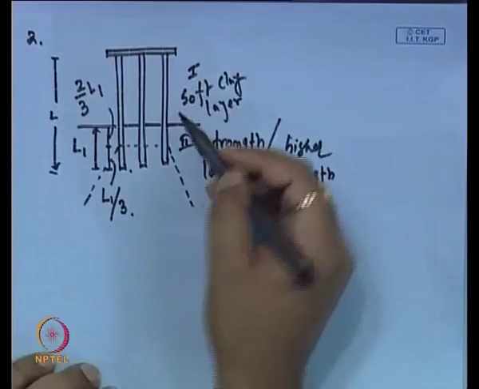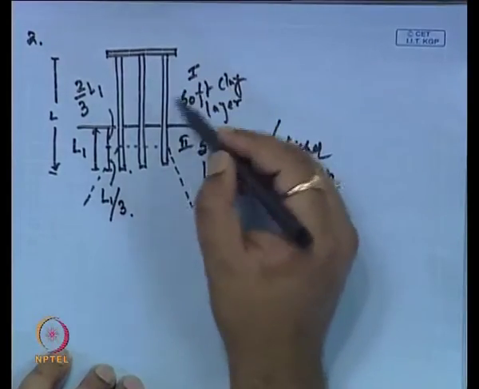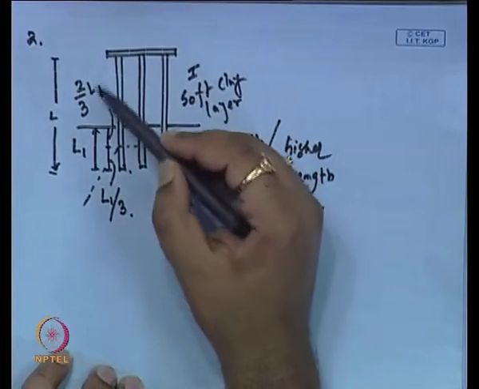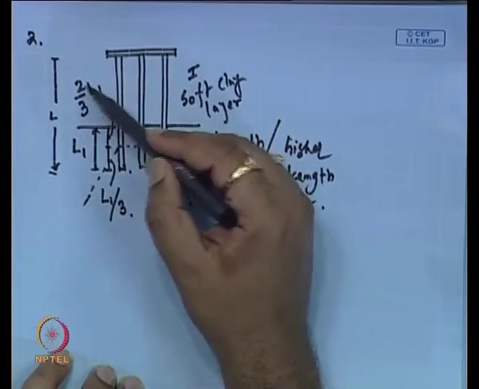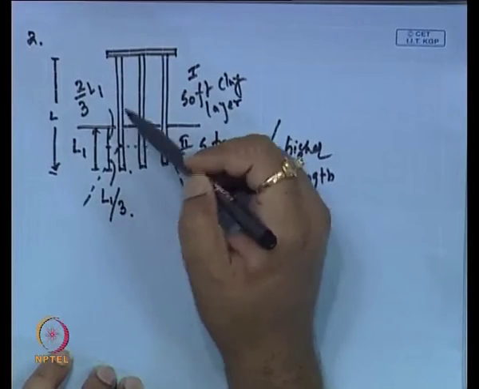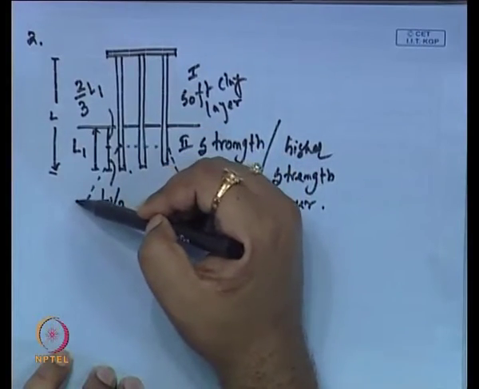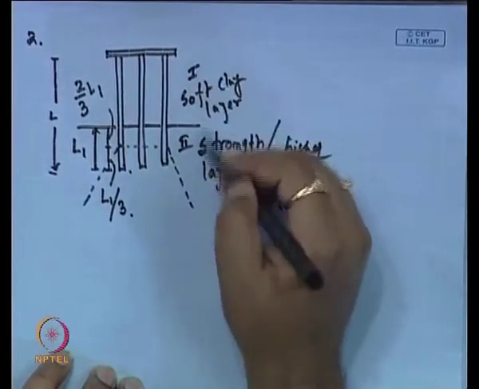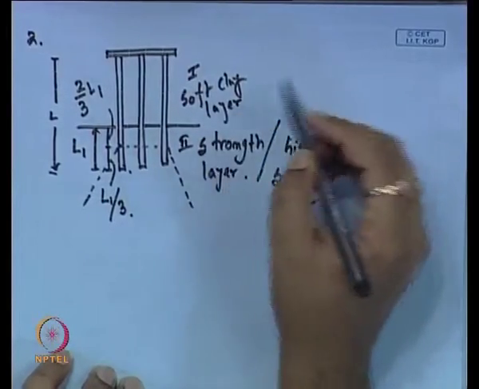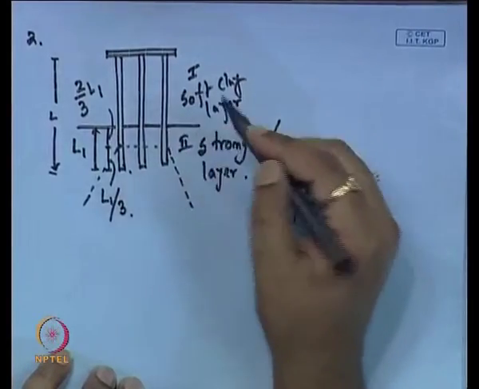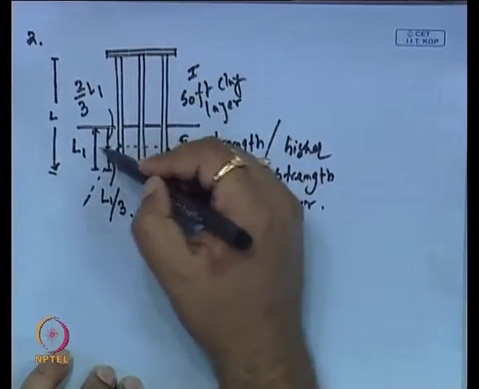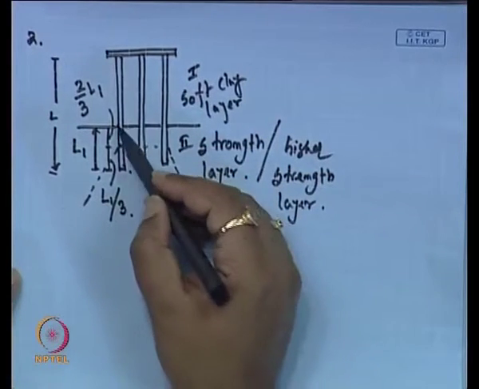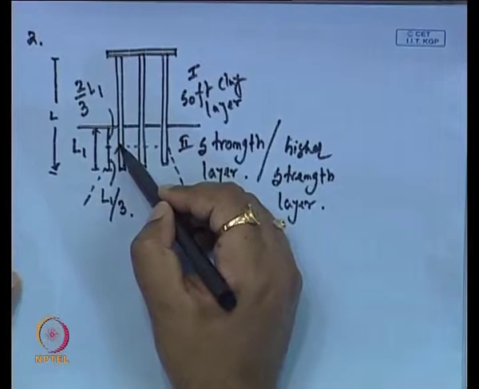In the previous case, if the pile is inserted in a homogeneous soil, in the clay layer, then this is the distribution point, it will start at 2/3 of the total length of the pile from the top. Now, if the upper layer is soft and the lower layer is the strong layer or higher strength layer, then the distribution level will start at 2/3 of L1 from the top of the stronger layer.